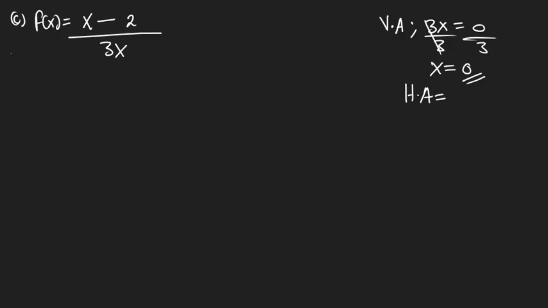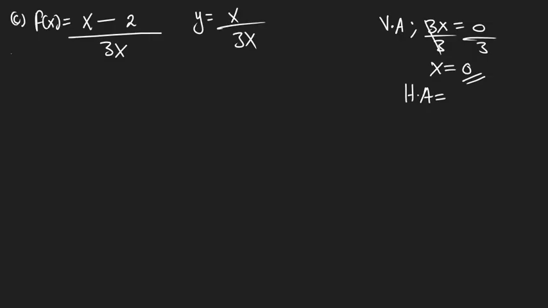Are you sure? It's positive 2, it's not 0. If it's not 0, then it's positive 2. No guessing. No guessing. Remember, you're having something like y is equal to x over 3x.